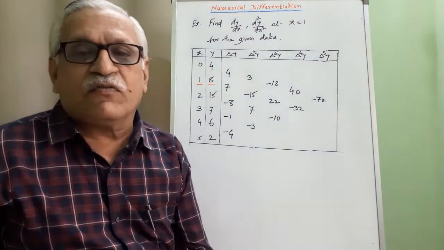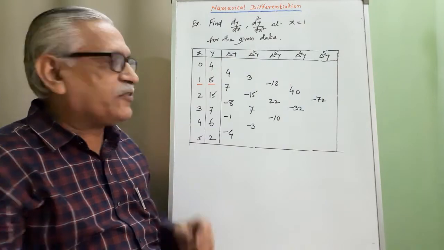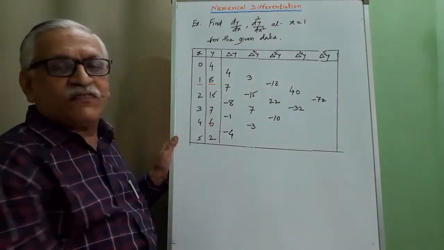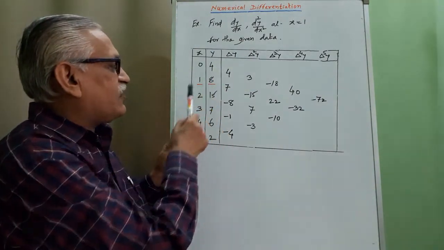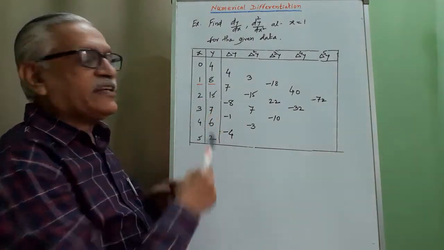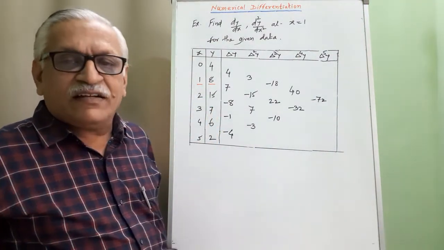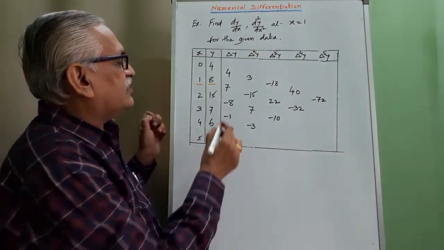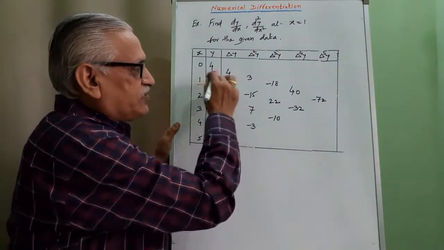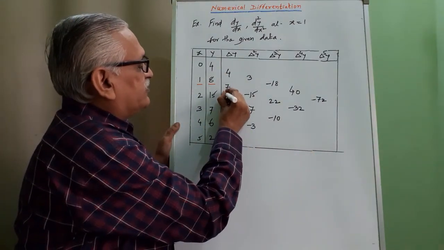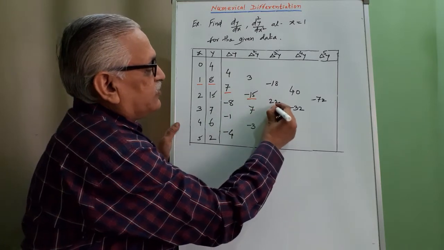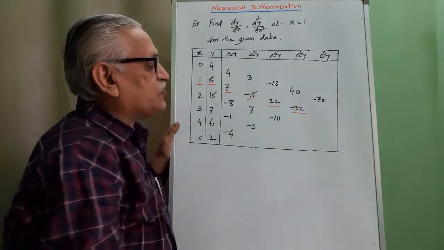Then the value at which we are required to find the derivative is x = 1, the second value. The corresponding y value is 8. Therefore we underline those two values, and then we consider the second row values from this table. Therefore we underline 7, minus 15, 22 and minus 32.